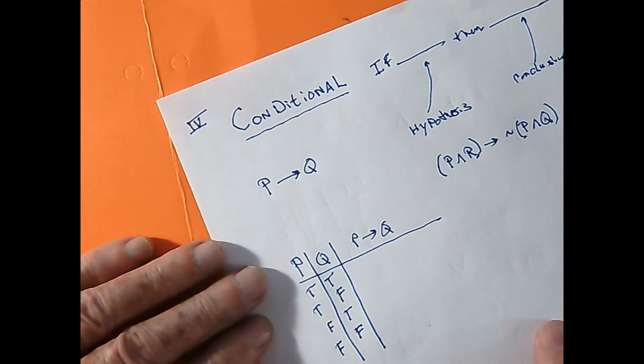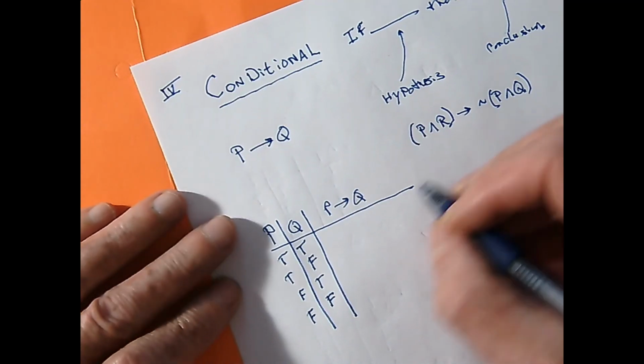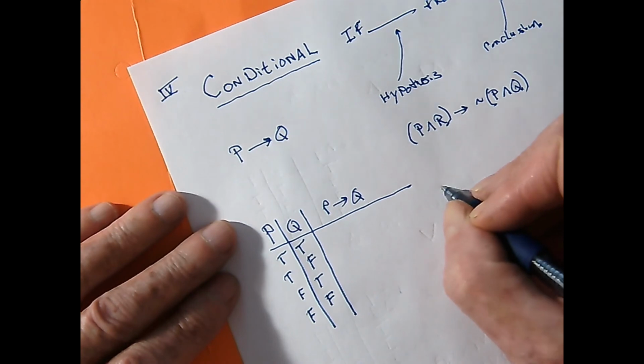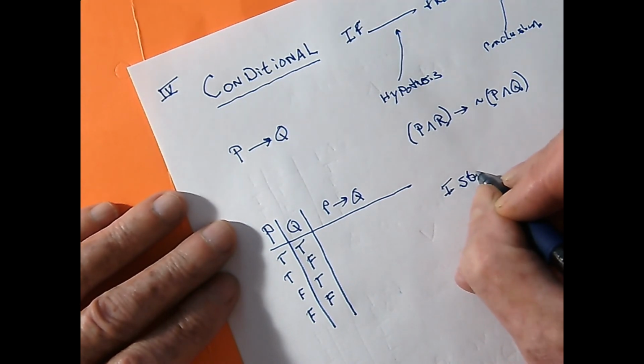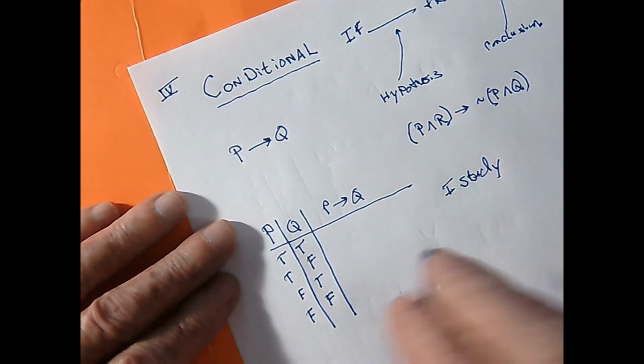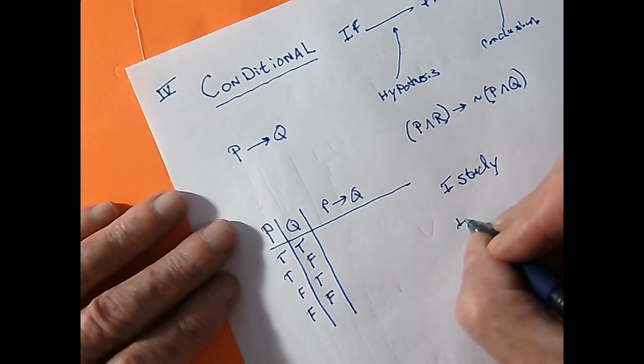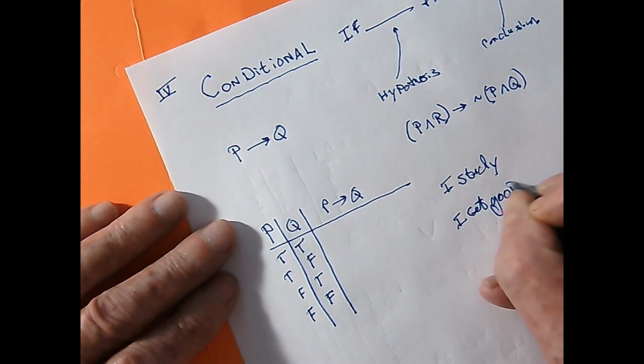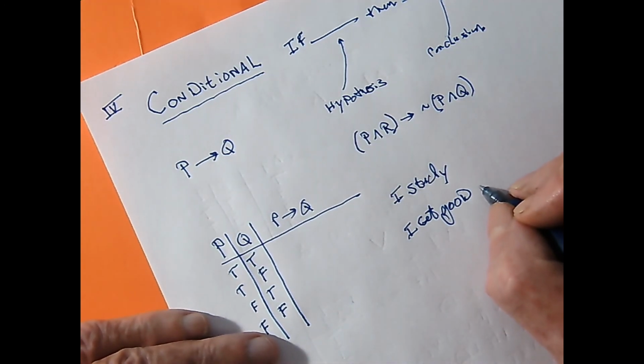Probably we should think of an example here. Let's say that the conditional, P was the hypothesis. Someone says, I studied. That's what P represents. And Q represents, I get good grades, just so we can make an argument and talk about this.